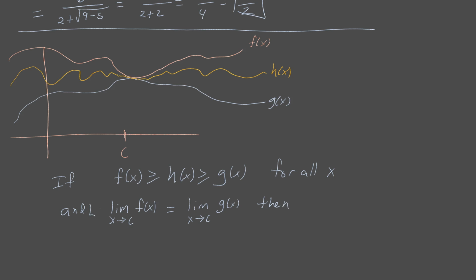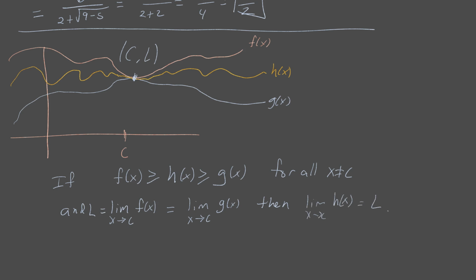Let's call that L. So this value is going to be at c comma L. Then, these are not equal to c. Then the limit of h of x, the one that's in the middle, as x gets close to c, also equals L.